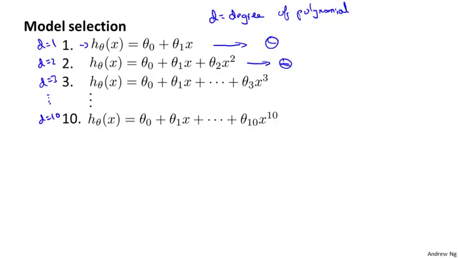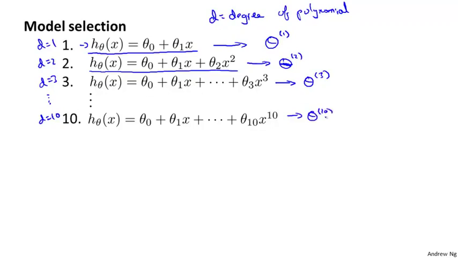In order to distinguish between these different parameter vectors, I'm going to use a superscript 1, superscript 2, where theta superscript 1 just means the parameters I get by fitting this model to my training data, and theta superscript 2 just means the parameters I get by fitting this quadratic function to my training data, and so on. And by fitting a cubic model, I get parameters theta 3 up to, say, theta 10.